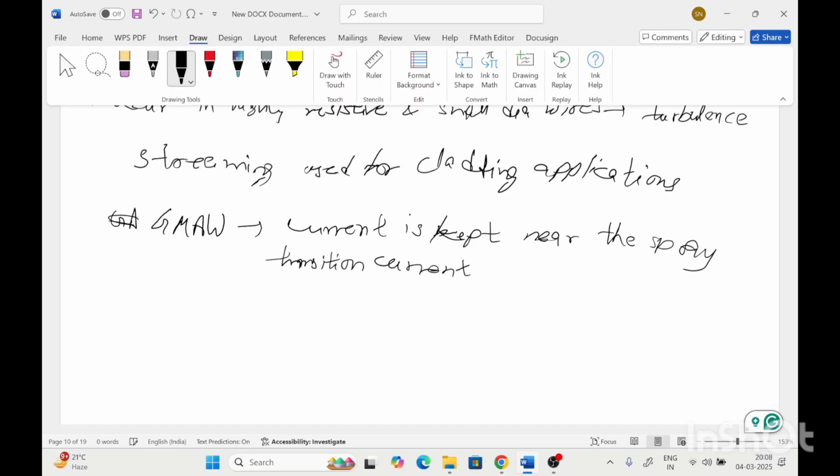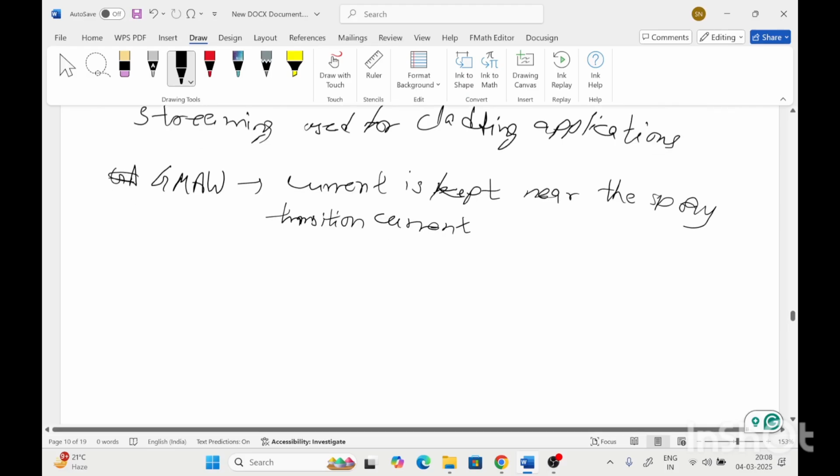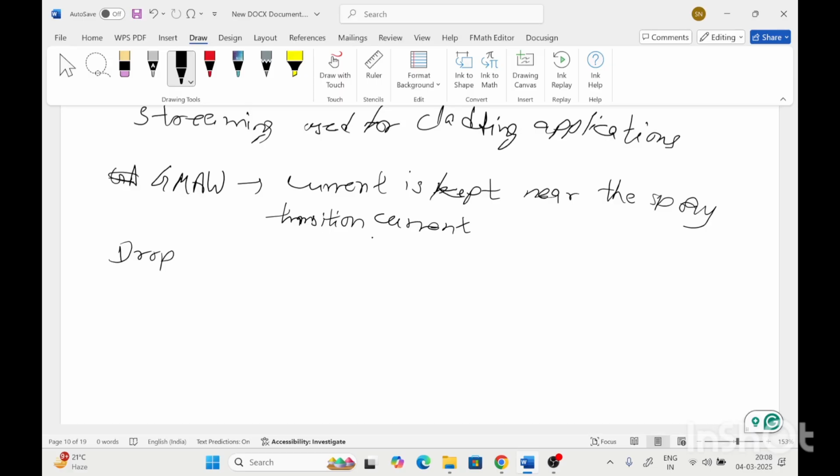So there is one more transfer mode, which is known as the drop spray transfer. The drop spray transfer is preferred for the gas metal arc welding process.